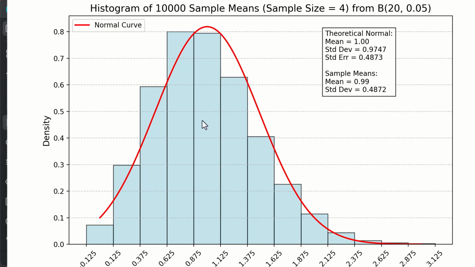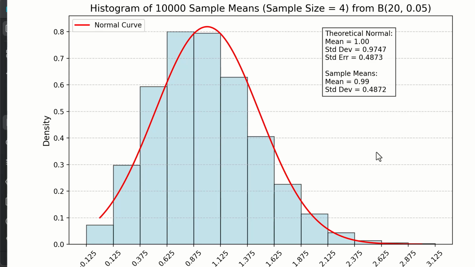Taking samples of size 4 will smooth out the skewness of the original distribution, but not completely. And that's why we still see a positive skew with n equals 4, which is why we need larger samples to make it more and more normal.